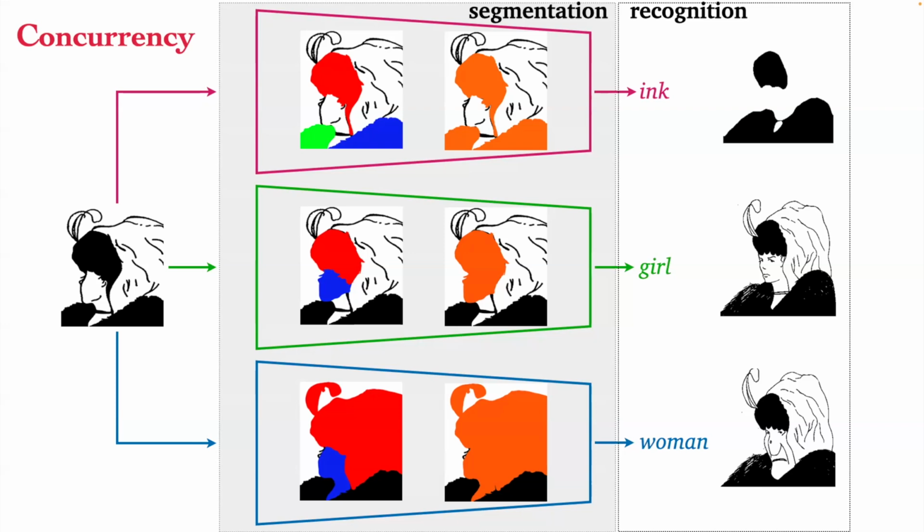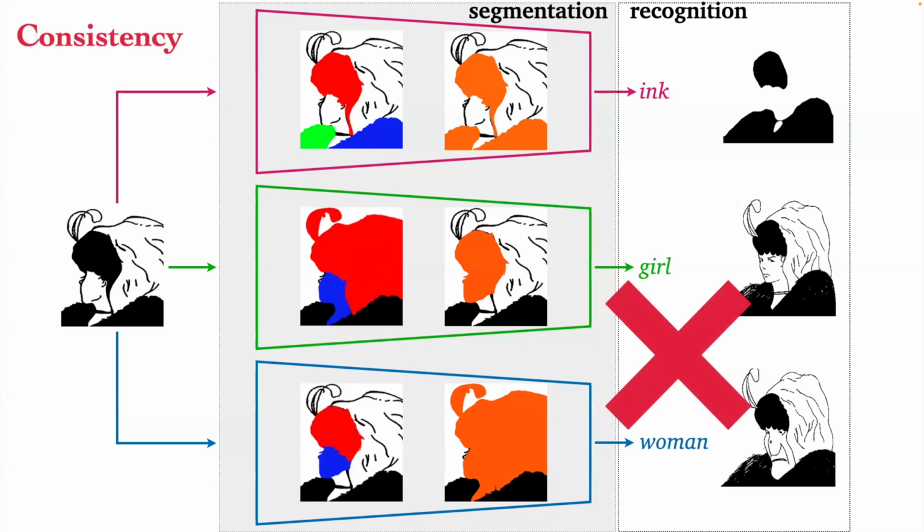They are concurrent, right? You cannot see the girl without understanding the internal parsing. And most importantly, you are not going to see a woman's parsing, yet recognize it as a girl. It never happens.